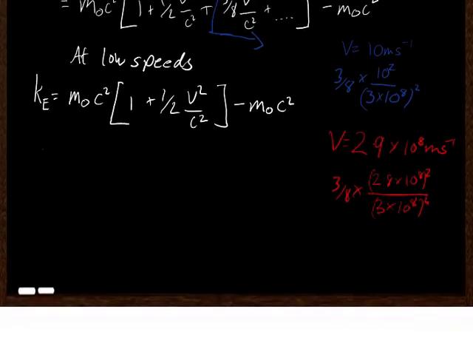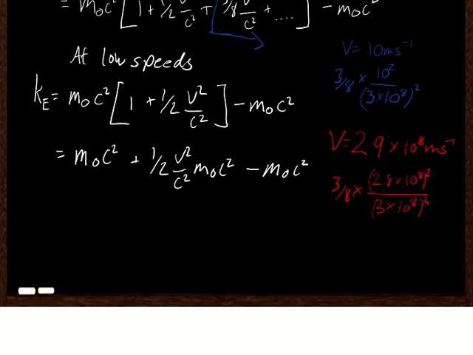I'm sure we can rearrange this to make it look a bit nicer. So what I'm going to do is expand this bracket out here. So we've got m0 c squared plus a half v squared over c squared times m0 c squared, and then at the end we've got our minus m0 c squared coming from there.